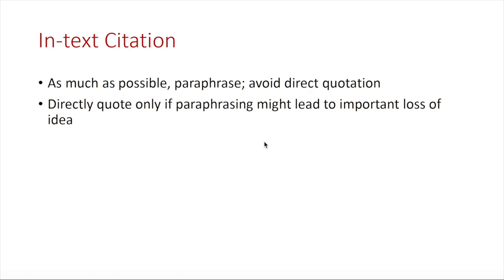If you think that you cannot define in a paraphrased manner some of the variables, or if you think that paraphrasing would not really capture accurately the definition, then under those circumstances we can directly quote. But for the most part, we have to paraphrase.